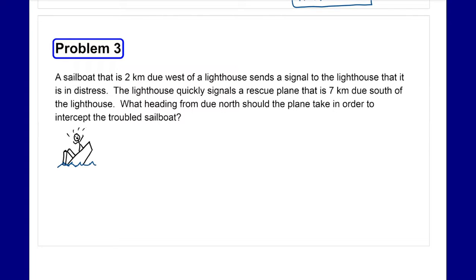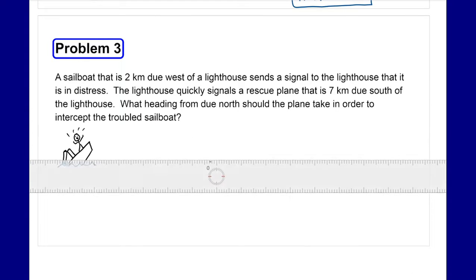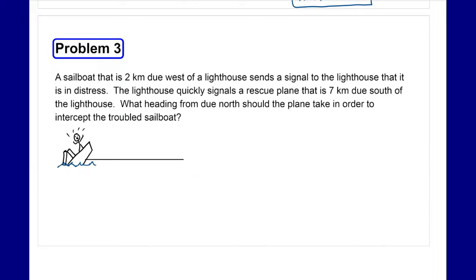Calling for help. So this sailboat is 2 kilometers due west. So that means 2 kilometers, and then we can highlight this as well. So 2 kilometers due west of the lighthouse.